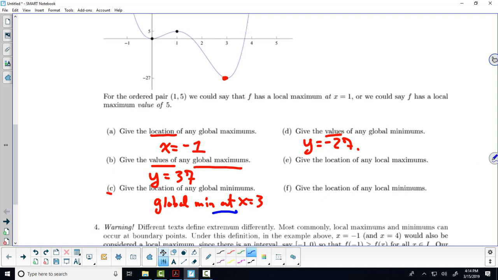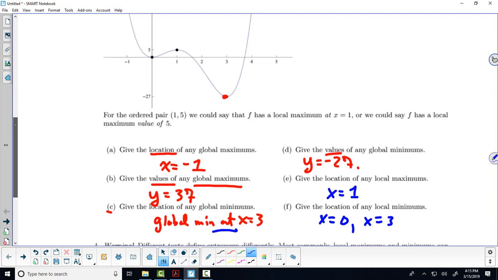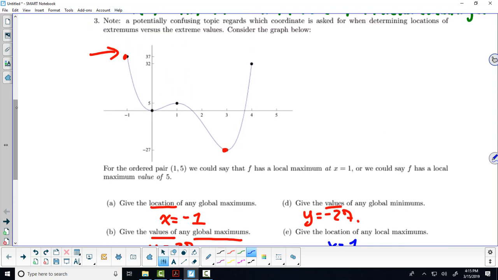So we have a local minimum at x equals 0 and at x equals 3. We have a local maximum at x equals 1. Let's say a couple things now before we form any misconceptions. For this particular function, we only had one global maximum and one global minimum. That's not always going to be the case.